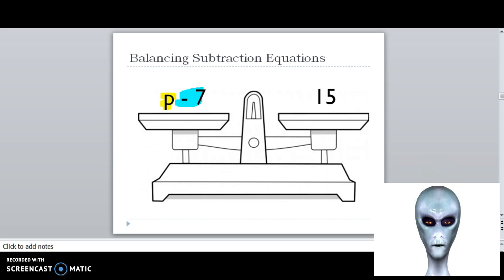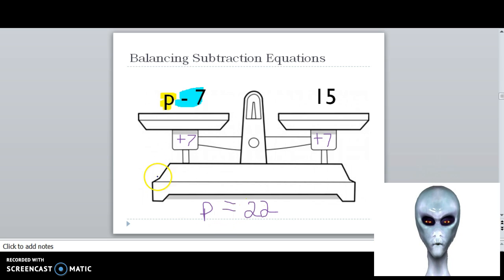If I add 7 to both sides, I'm left with p, because I'm adding 7 to get rid of it, is equal to 15 plus 7, which is 22.